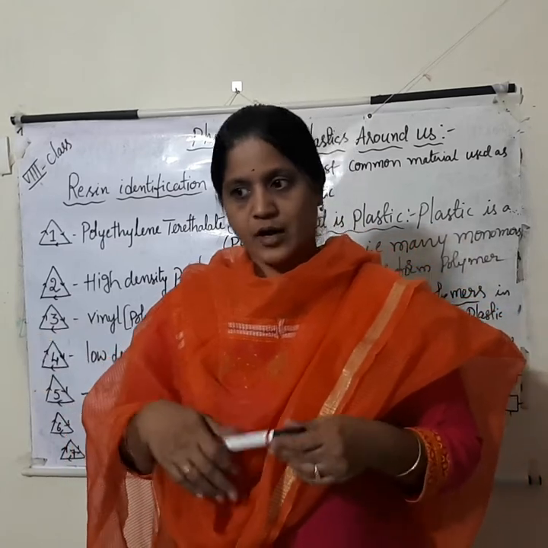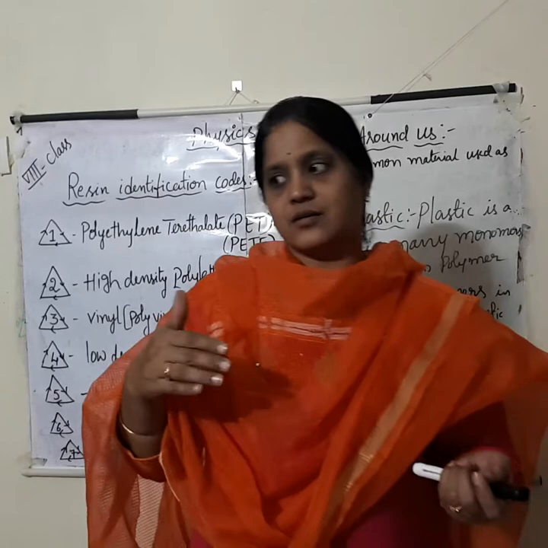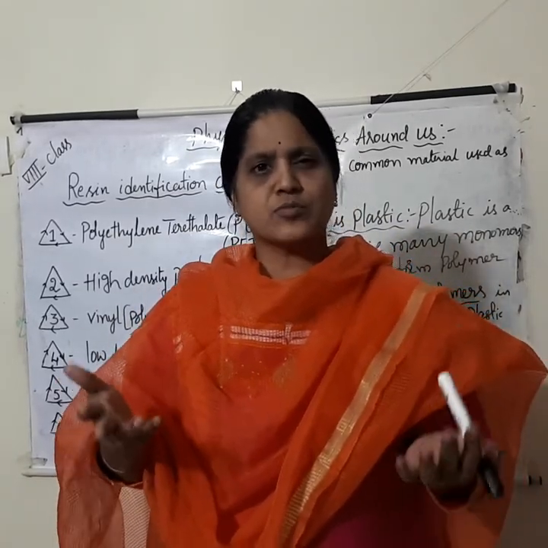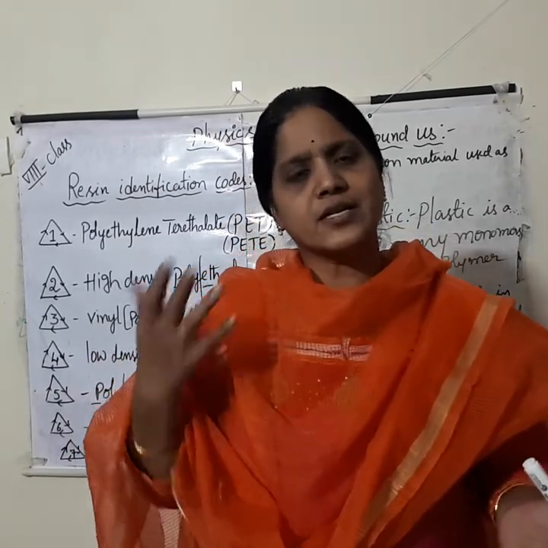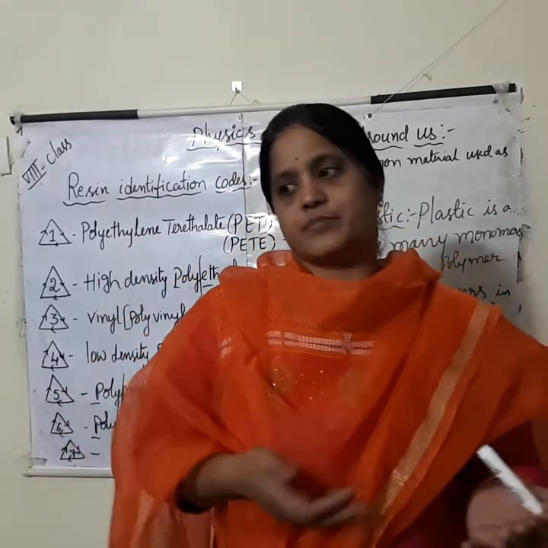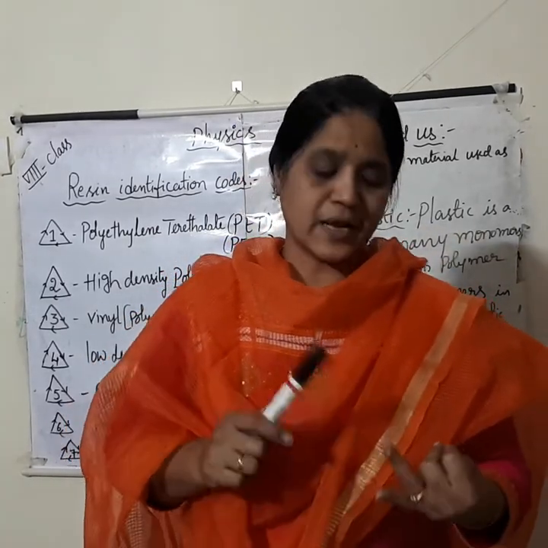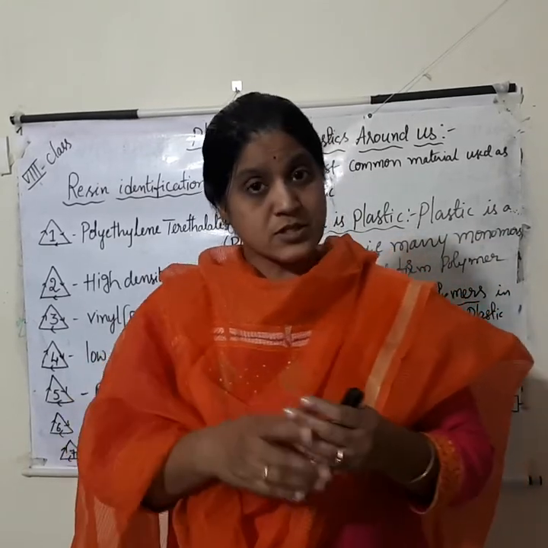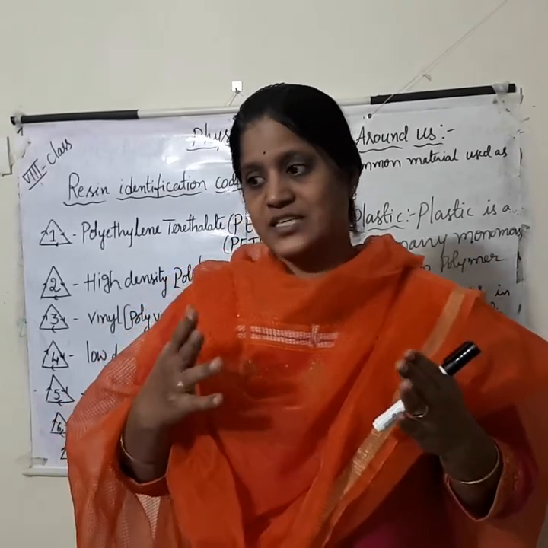Then for eating purposes, most families are using plastic items nowadays, because plastic items are much cheaper than metal containers. Plastic plates, plastic glasses, plastic spoons, plastic boxes, plastic water bottles, plastic pouches, plastic pens, plastic cell covers.